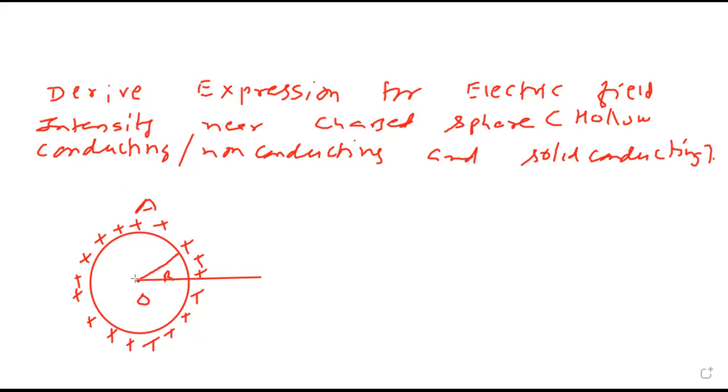For the Gaussian surface, we consider the symmetrical surface such that it will pass through the point where we want the field. So this is point P.